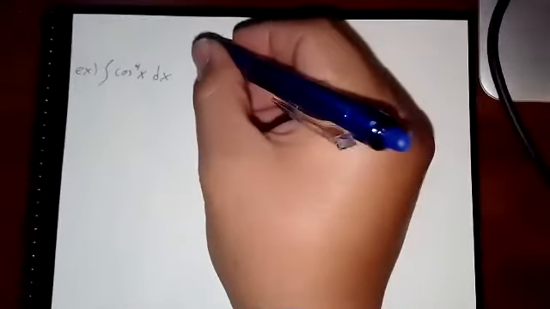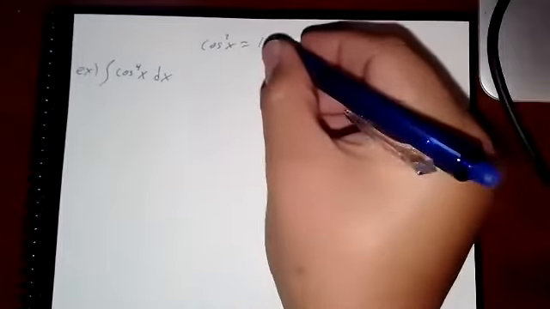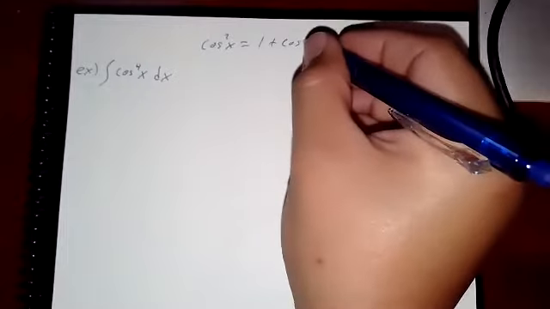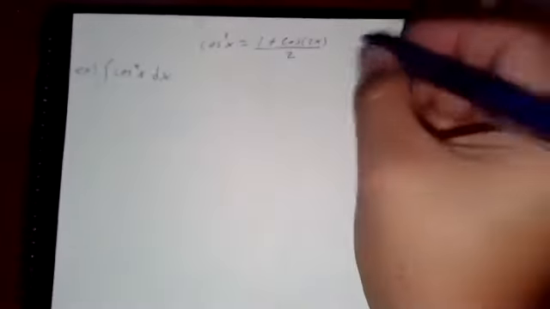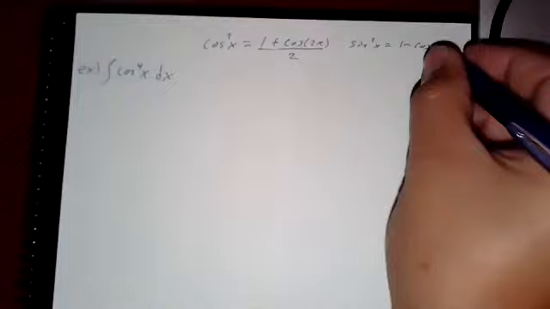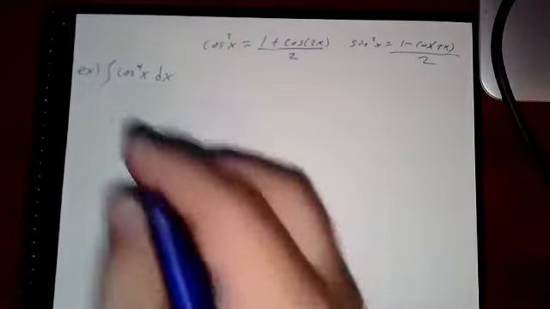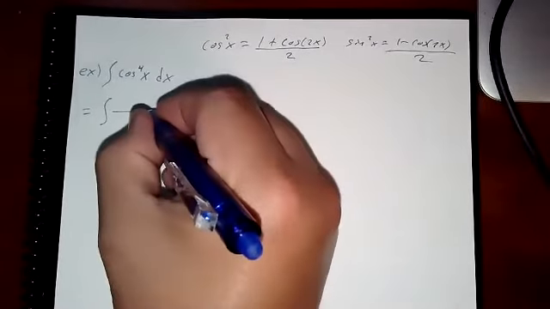So remember, cosine squared x is equal to 1 plus cosine 2x over 2. Sine squared x is equal to 1 minus cosine 2x over 2. So what we will do is algebra and pre-cal before we do any integration.